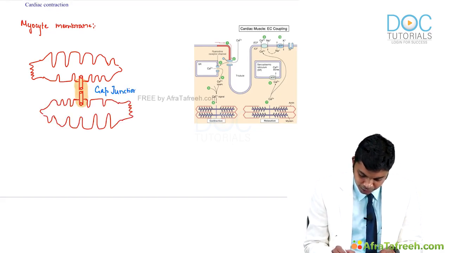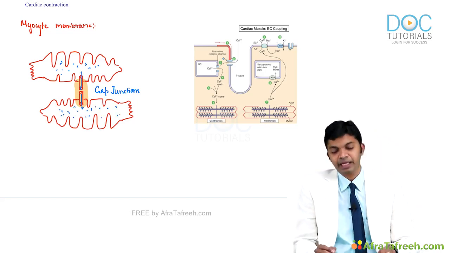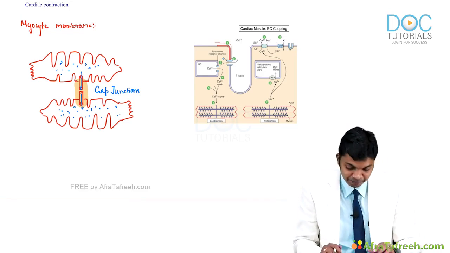So, the cations of one cell can be very easily shared with the neighboring cell through gap junctions, so that every single cardiac muscle cell becomes excited at the same time and they are able to contract as a syncytium.